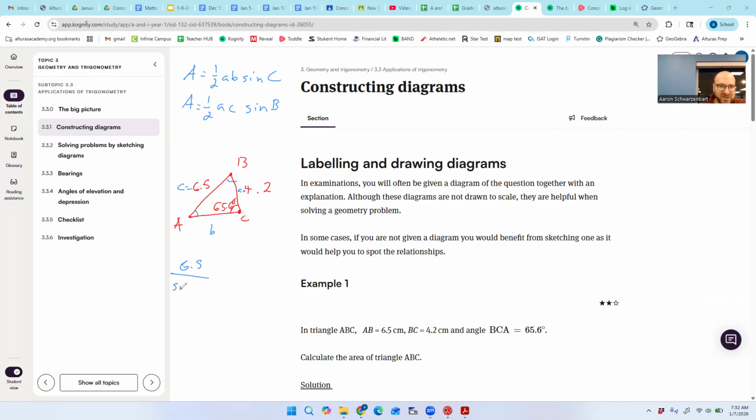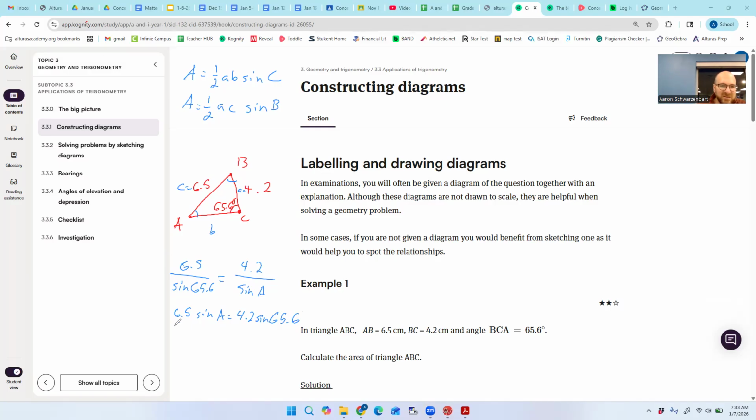6.5 over sine 65.6 equals 4.2 over sine A. A should be an acute angle that is shorter, so this should be fine. 6.5 sine A equals 4.2 sine 65.6.